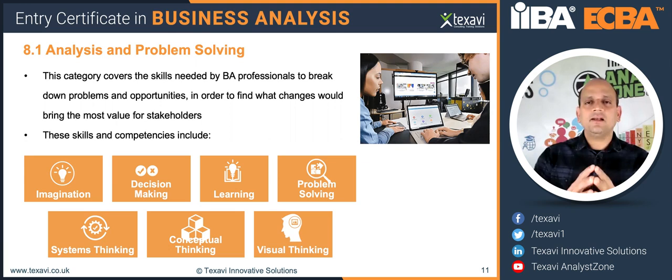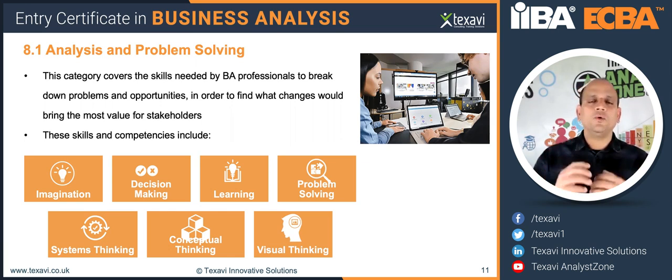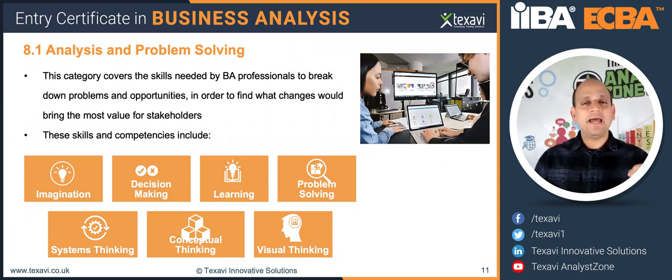So as analysts, as BAs, the first thing that we need to focus on is how can we break down the complexity, how can we make it simple. And the only way you can do that is by decomposing it, by breaking it down further and further into manageable aspects, manageable tasks, manageable requirements, manageable pieces of work, for example.